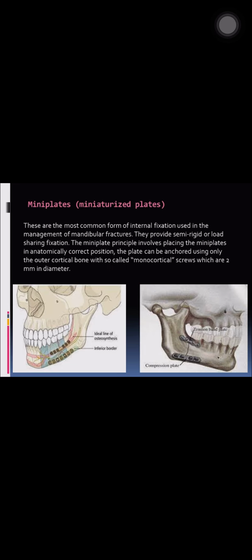Other method, mini plates. These are the most common form of internal fixation used in the management of mandibular fractures. They provide semi-rigid or load-sharing fixation. The mini plate principle involves placing the mini plates in anatomically correct position. The plate can be anchored using only the outer cortical bone with so-called monocortical screws, which are 2 mm in diameter.